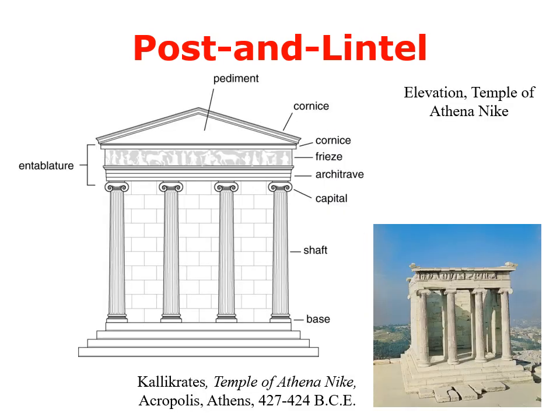This example is coming from the Greeks. Of course, many of the earlier civilizations and cultures before the Greeks were using post and lintel. It's one of the oldest styles of architecture, and widely used.